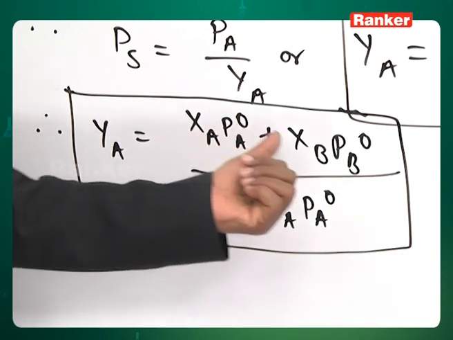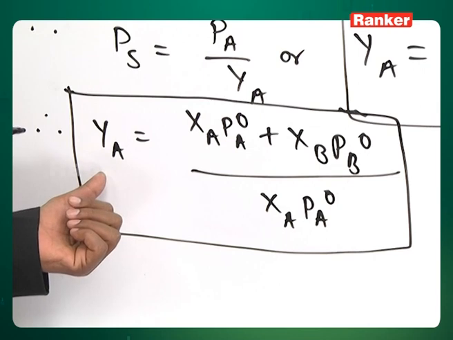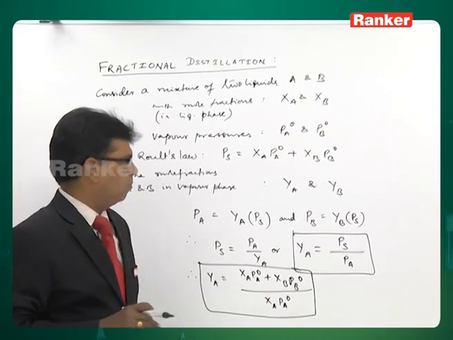Means by knowing the values of X A and X B, P A naught and P B naught, we can calculate the mole fraction of any one of the liquids in vapor phase.